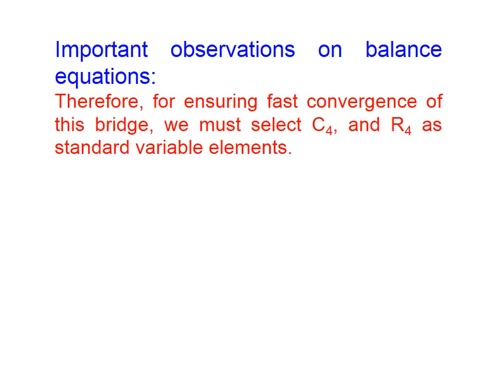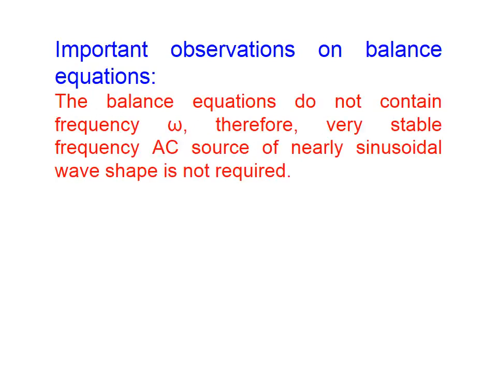Therefore, for ensuring fast convergence of this bridge, we must select C4 and R4 as the standard variable elements. The balance equations for this bridge do not contain the frequency term omega. Therefore, a very stable frequency AC source of nearly sinusoidal wave shape is not required.